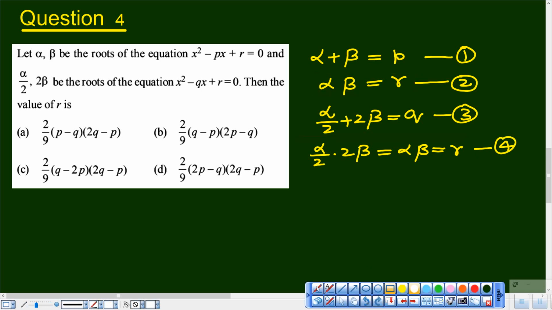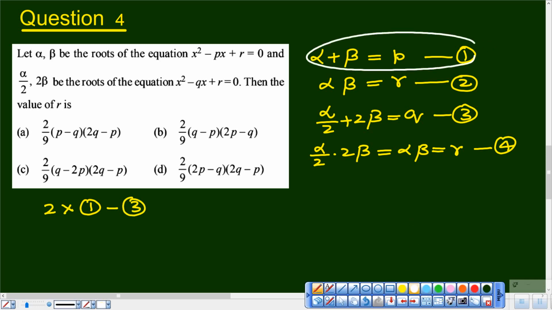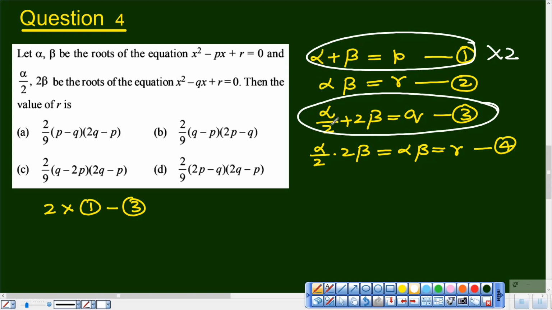Anyways, now to find alpha, what I do is multiply the first equation by 2 and subtract the third equation from it. If I do that, can you see that it will become 2 beta after multiplication with 2? 2 beta minus 2 beta will get neutralized, and this will be 2 alpha minus alpha by 2, that would be 3 by 2 alpha.